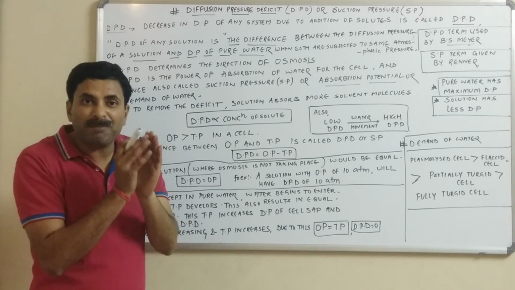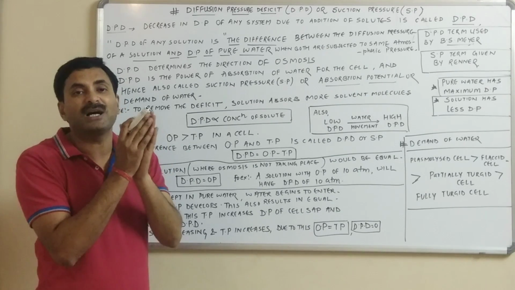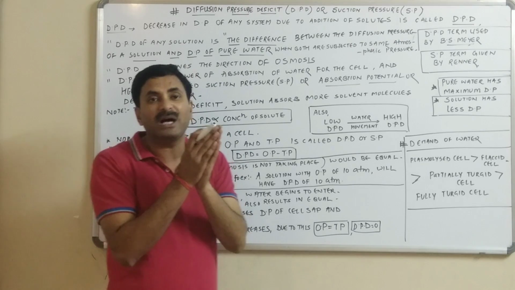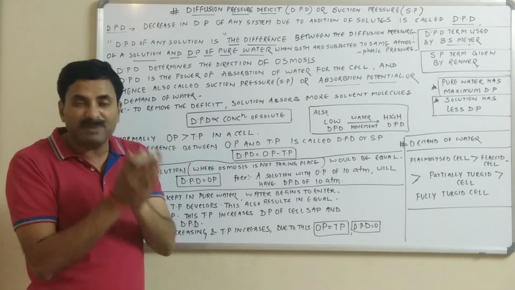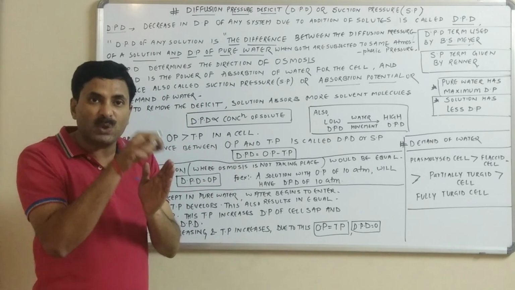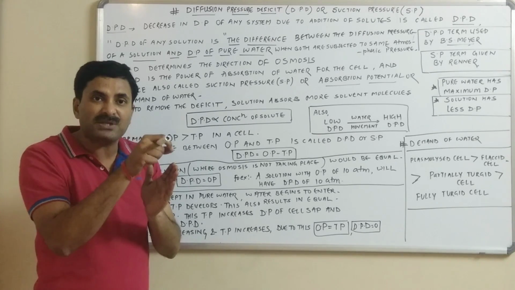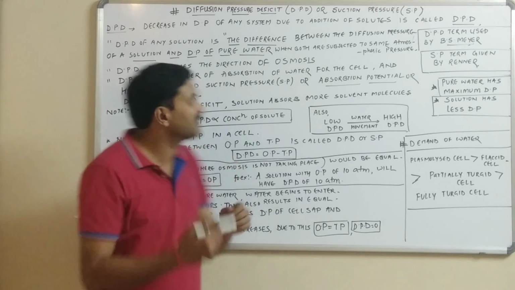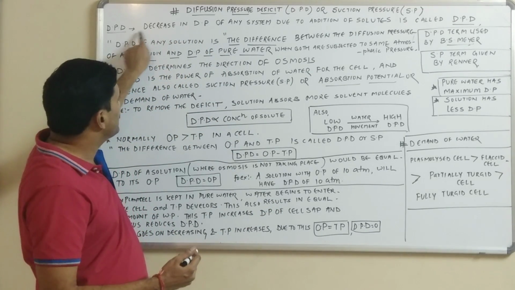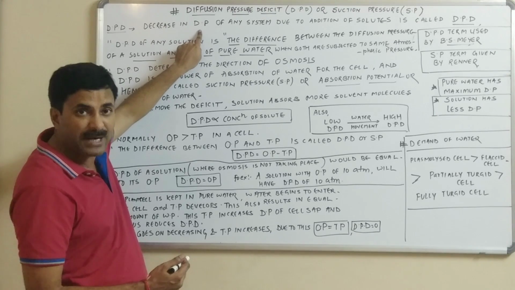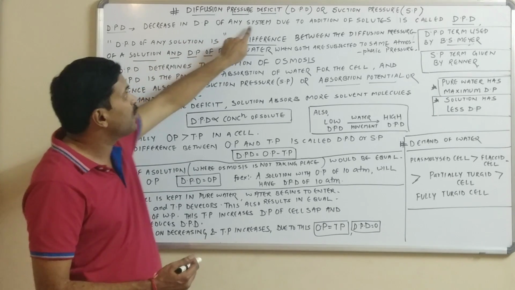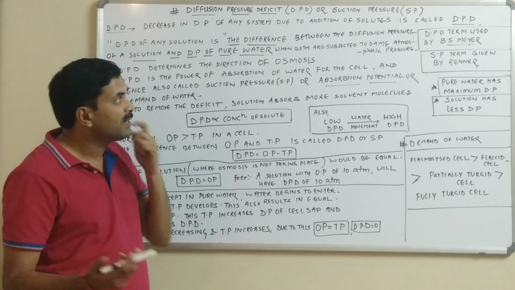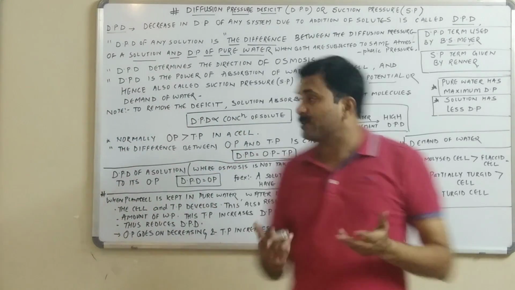When we add solute, the diffusion pressure becomes deficient, and this is called the diffusion pressure deficit. So, what is DPD? The decrease in the diffusion pressure of any system due to the addition of solute is called the diffusion pressure deficit.